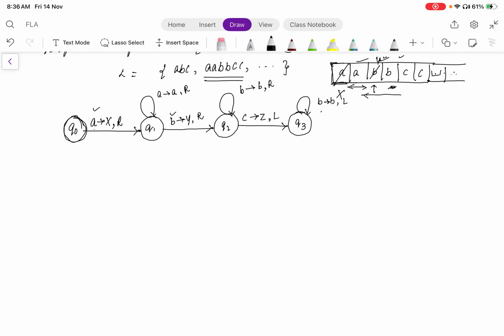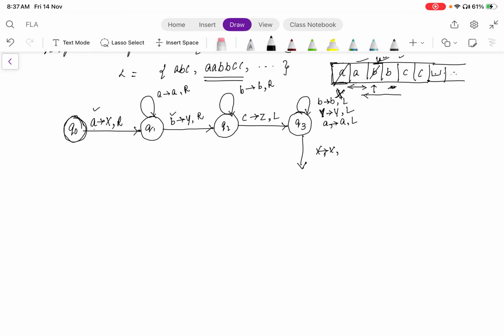For Y, the one we replaced B with, don't do anything, keep moving left. For A's in between, don't do anything, keep moving left. You should do this until you find an X. If you find X, don't do anything to X.